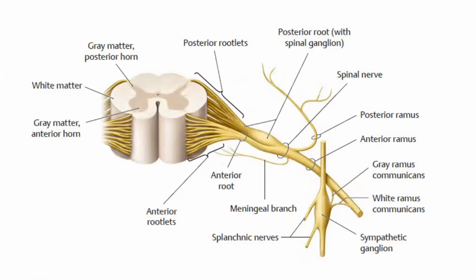Before, I mentioned that the dorsal or posterior branch of the spinal nerve contains the somatomotor fibers for the innervation of the intrinsic muscles of the back, or the deep muscles of the back, which are called epaxial muscles. And it also contains the somatosensory fibers for the innervation of the dermatomes.